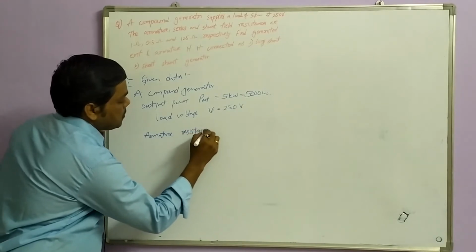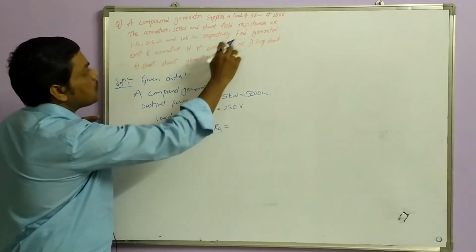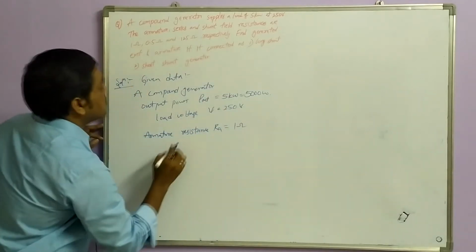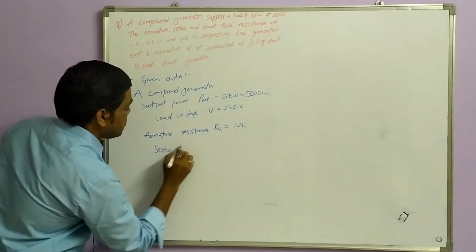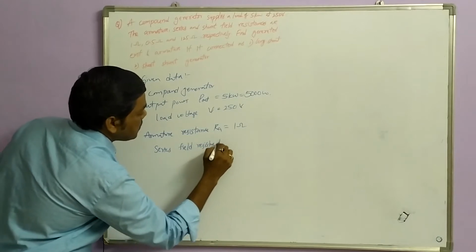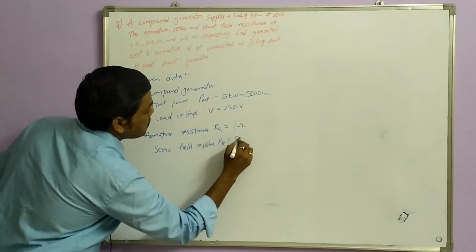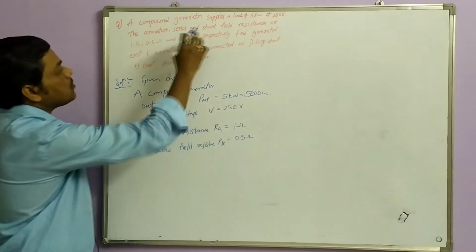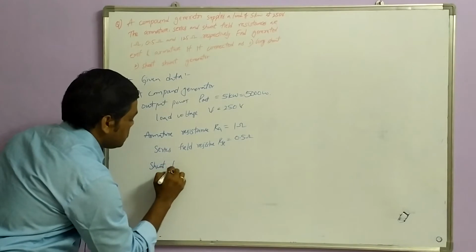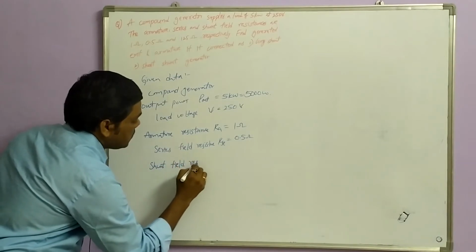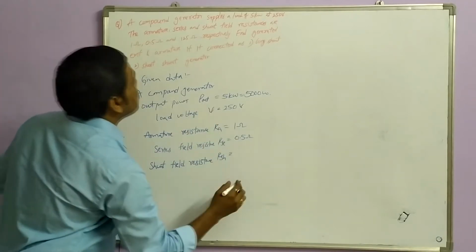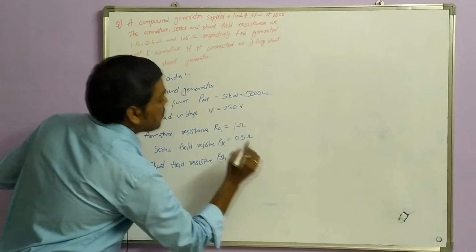Armature resistance RA is equal to 1 ohm, series field resistance RSC is equal to 0.5 ohms, and shunt field resistance RSH is equal to 125 ohms.